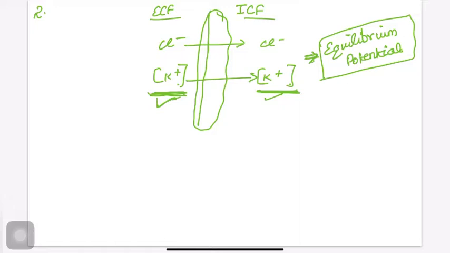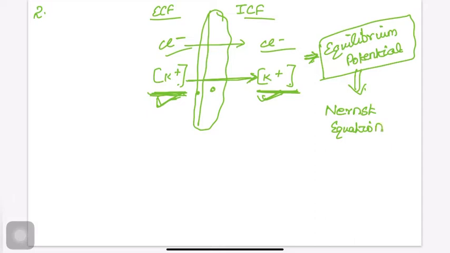So what is equilibrium potential? The potential existing across the membrane after equilibrium is reached due to Gibbs Donnan effect is called equilibrium potential. This equilibrium potential is specific for specific ions. It is different for potassium, different for chloride, and it is calculated by an equation called the Nernst equation.